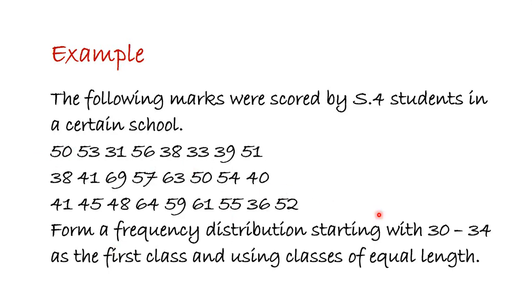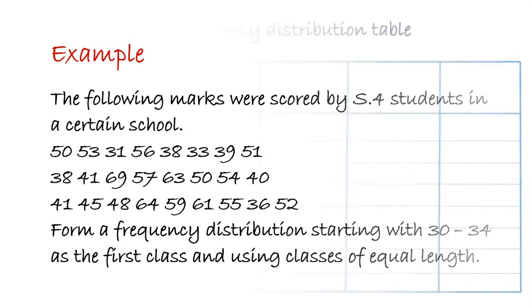That is a class, with a class of 30 to 34 as the first class, and using classes of equal width or equal length. So remember, for 30 to 34, the width here is 5. Remember, we get the width by getting the upper class boundary minus the lower class boundary. So let us look at that.